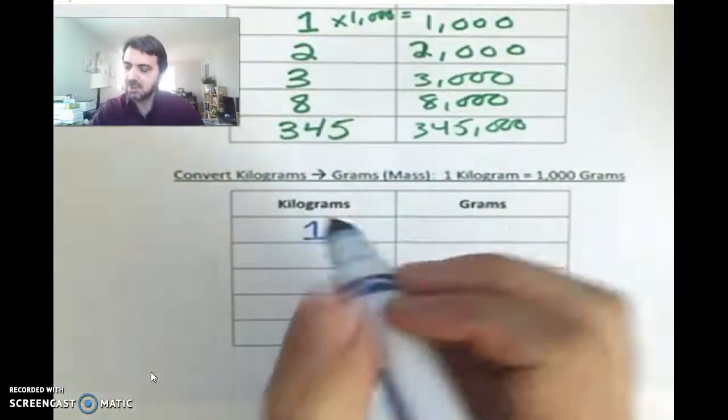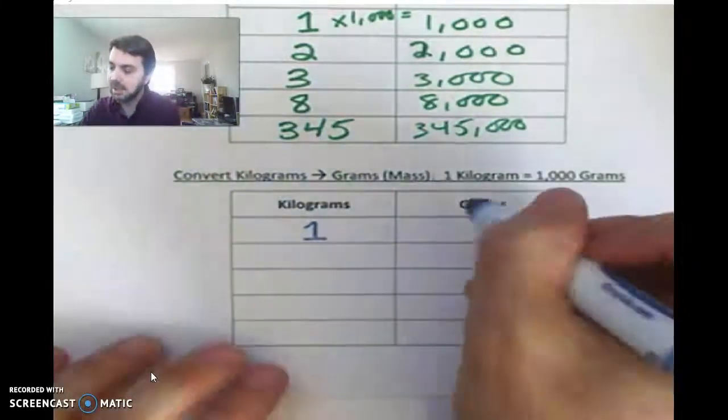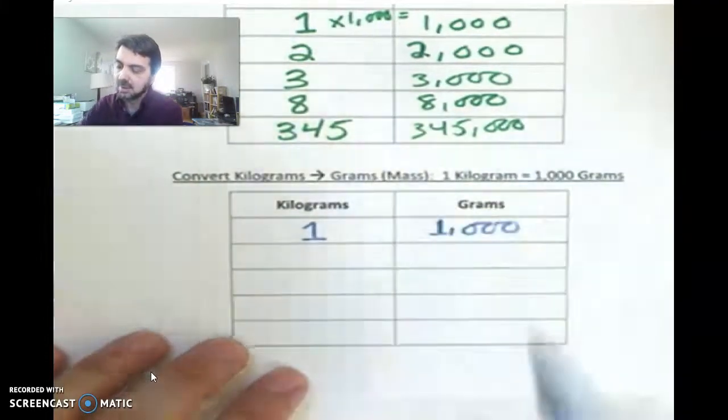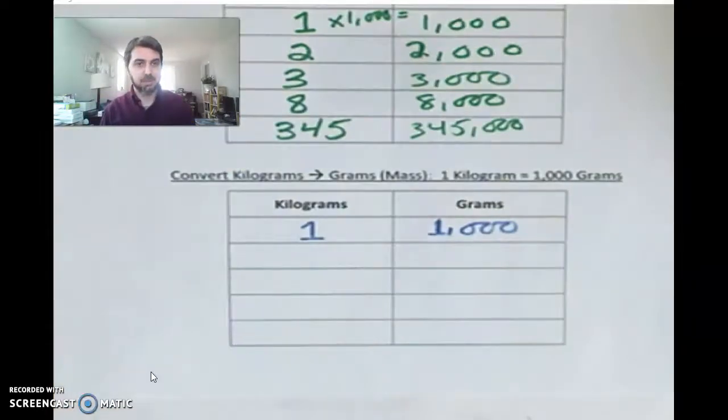First one, we'll just do 1 kilogram is equal to 1,000 grams. Okay? So same thing. If you had a bag of apples that were a kilogram, then you could also say they're 1,000 grams, and you'd both be correct.